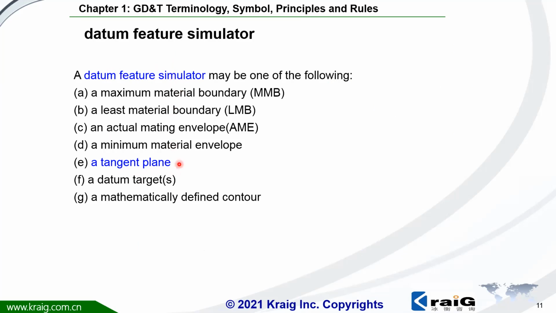We just know there's a tangent plane to be used as a datum simulator. There are other kinds of datum simulator, such as maximum material boundary or MMB, least material boundary or LMB, actual mating envelope, or some other kinds of datum simulator. We are going to learn all of these different types of datum simulator in a later module.